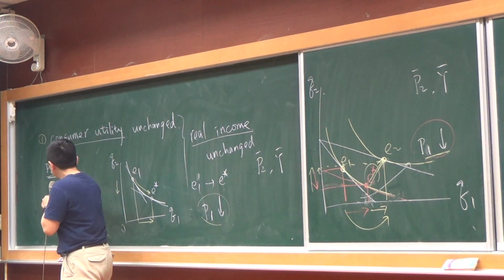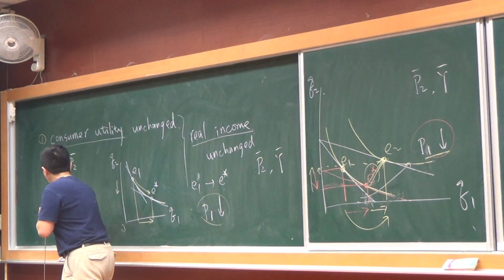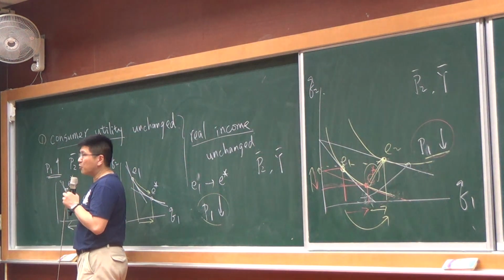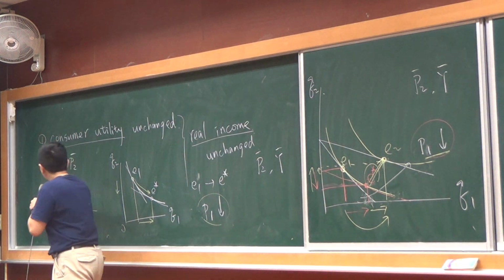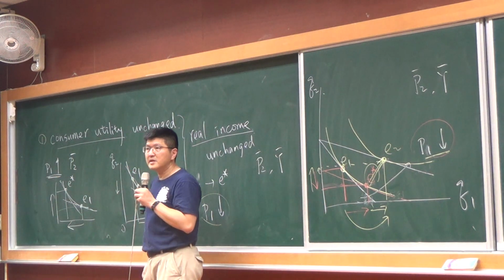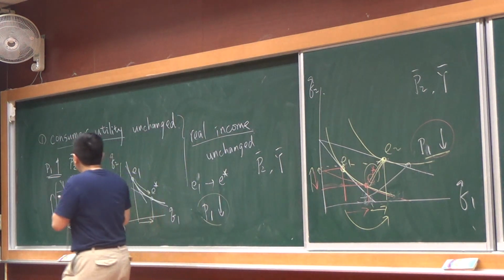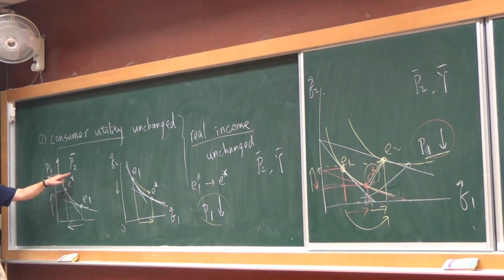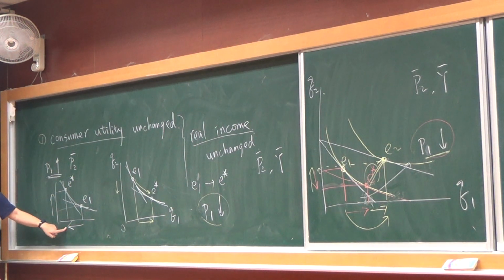So from here to here, we cut the consumption of good 1, but increase the consumption of good 2, right? Good 1 is relatively more expensive, good 2 is relatively cheaper.